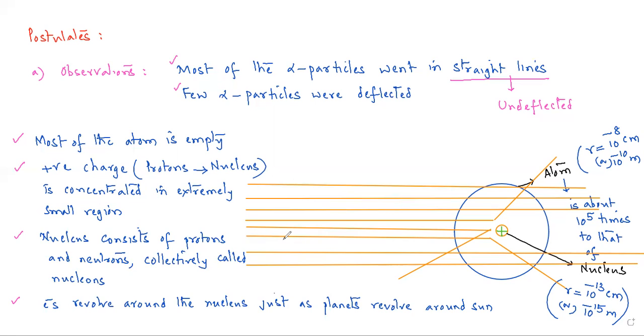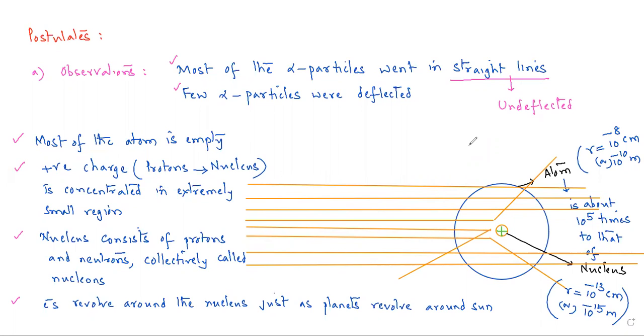In fact, it was told that there are electrostatic attractions between the positively charged protons present in the nucleus and the negatively charged electrons revolving around the nucleus. That is the reason why electrons are tightly held by the nucleus.